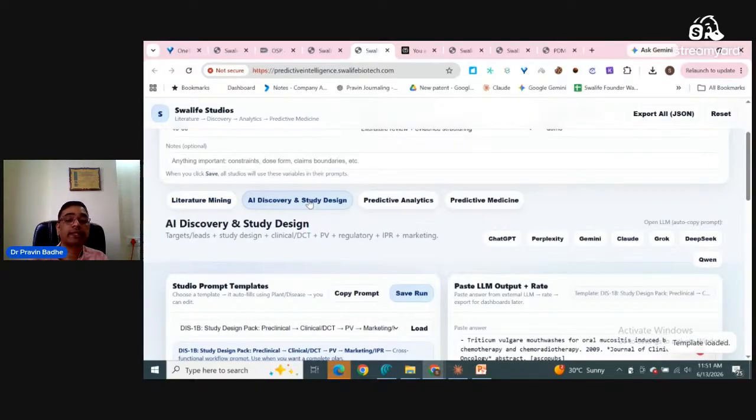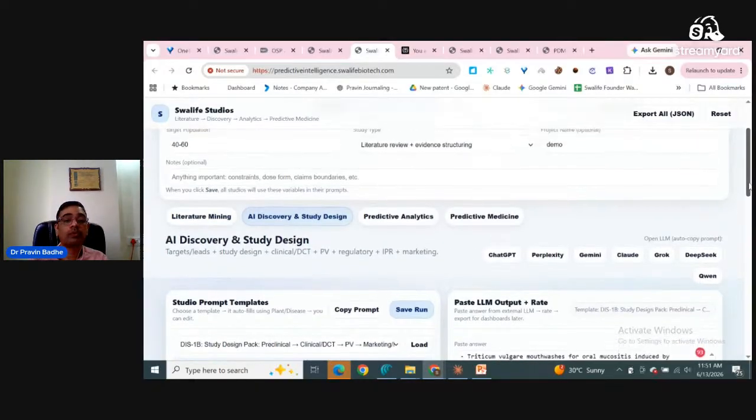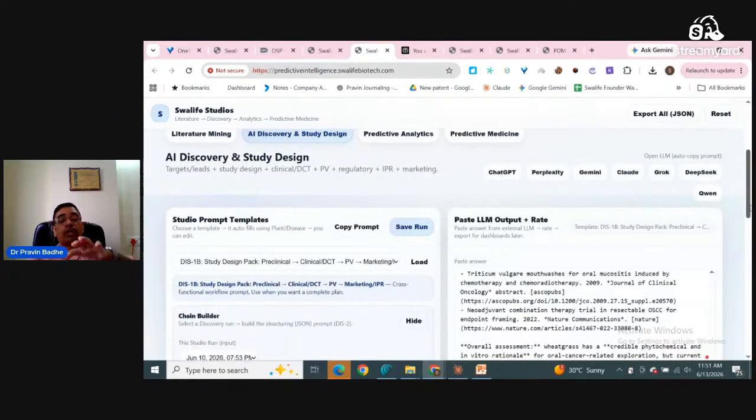Now in the second step, you go for AI discovery. So in the literature mining, you are getting targets and leads, but with AI discovery and study designing, those leads and targets are utilized to take it further if there is any information available about the clinical, PV, or even in vitro.